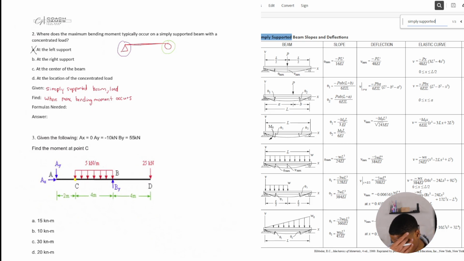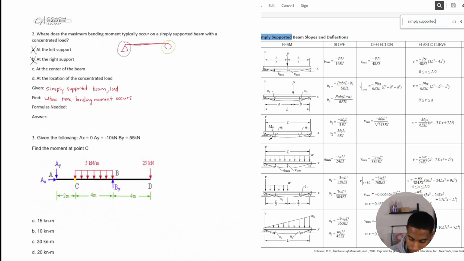But let's look at our other two choices.